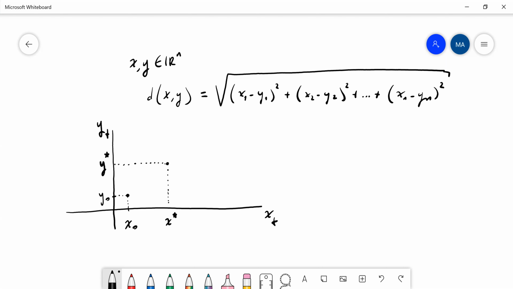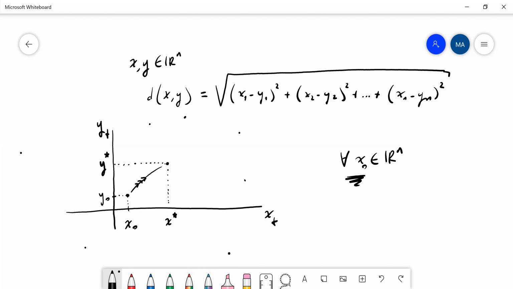Now in global stability, there is a path to the steady state regardless of the initial point. The initial point could be here, here, anywhere, because if you look at the definition of global stability, it must be true for all x0 in Rn.